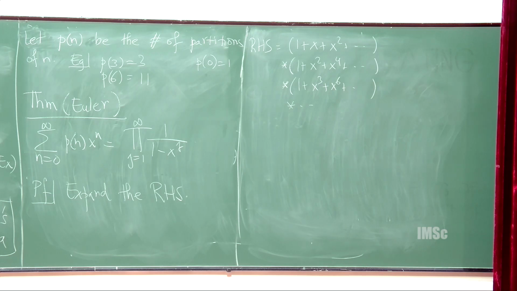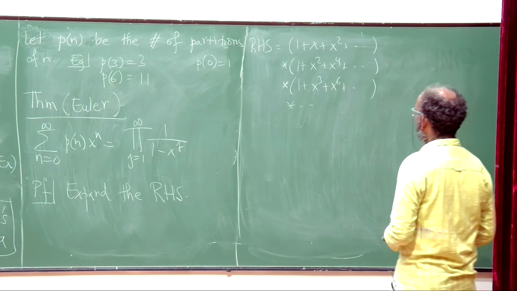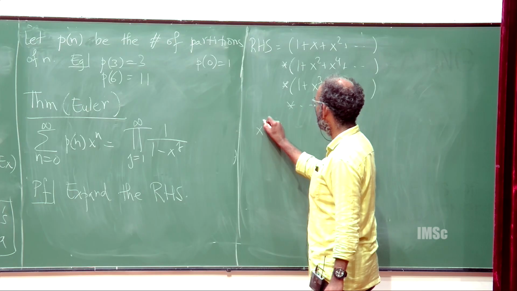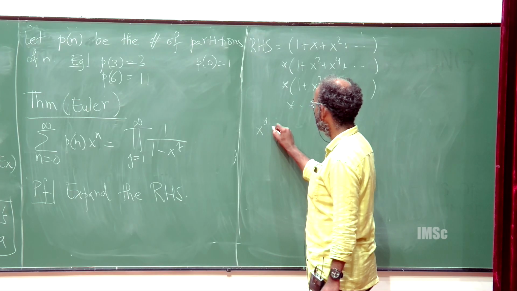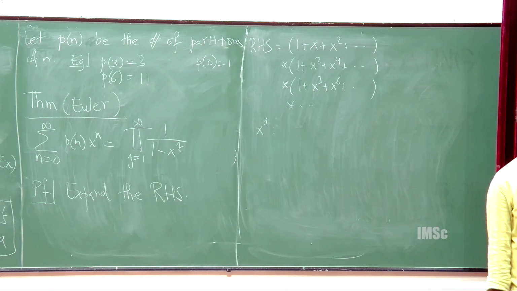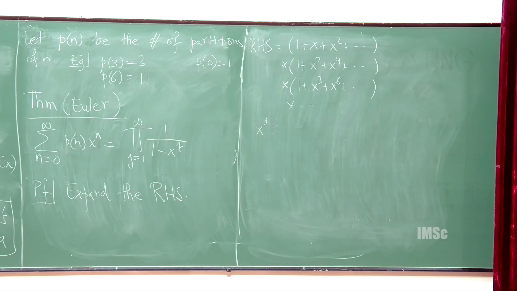And the only thing that we need to check is that any power of x is well defined. So how can you get x to the power 1 in this expansion?